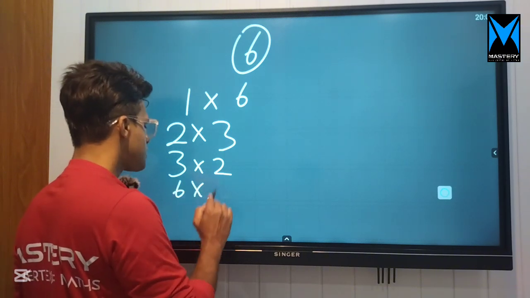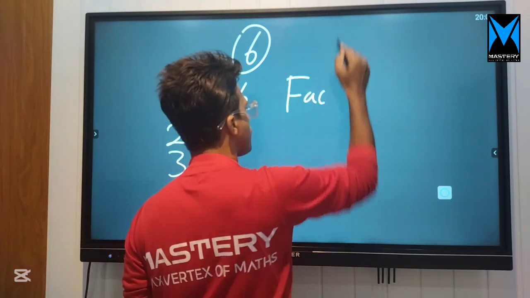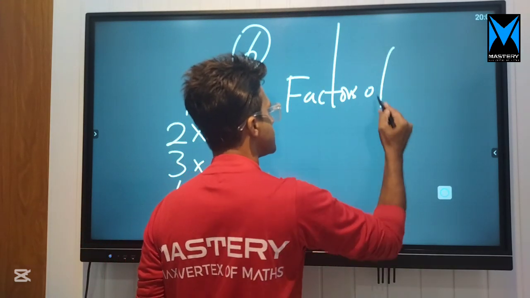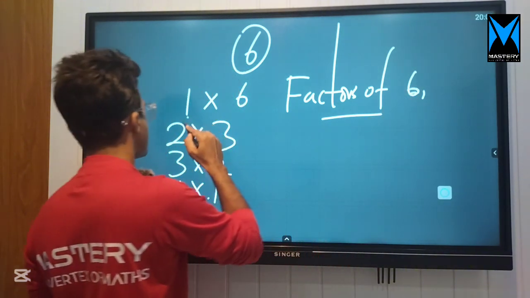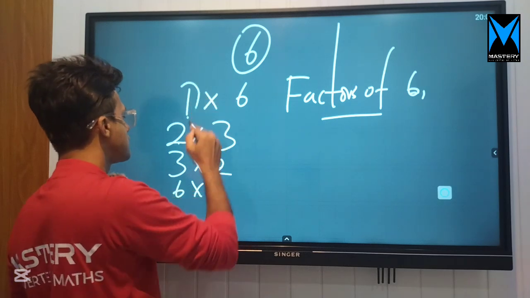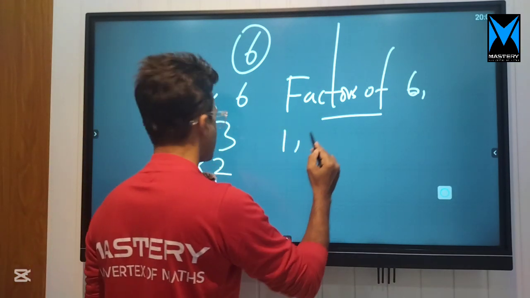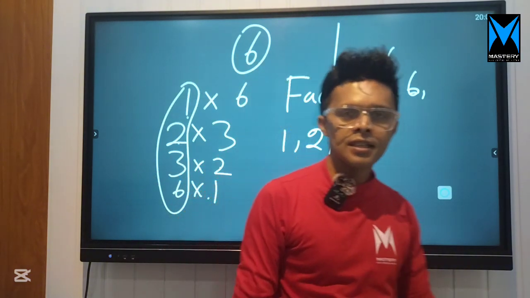Then 6 times 1 is 6. So the factors of 6 we could get as 1, 2, 3, 6. There are 4 factors for 6.